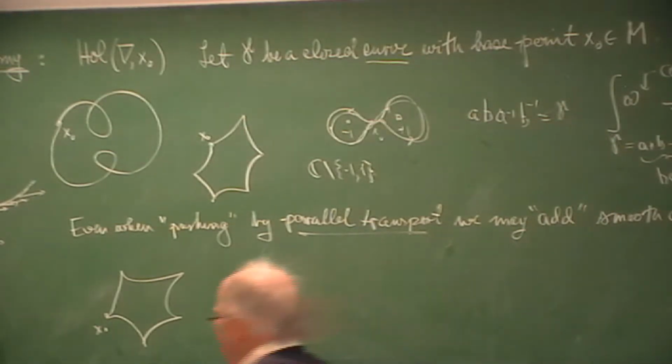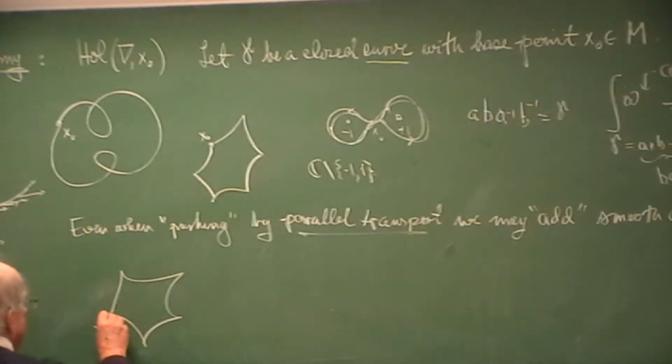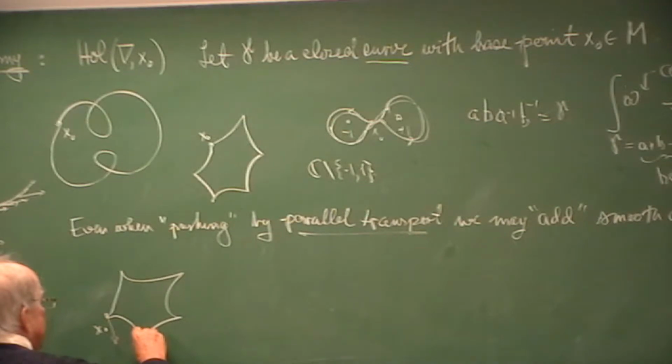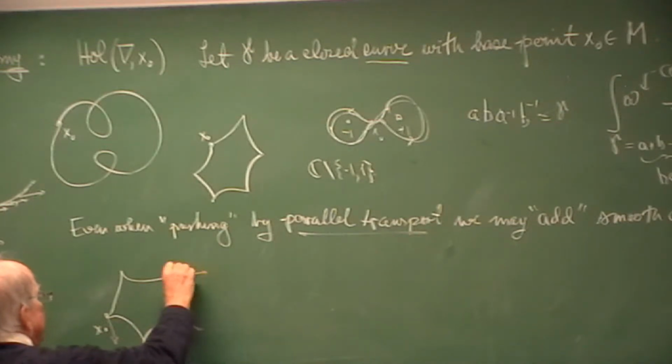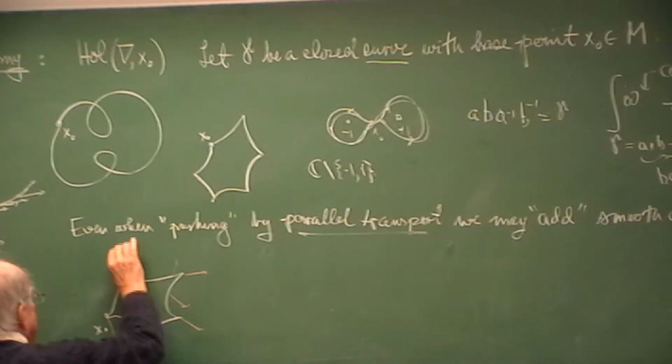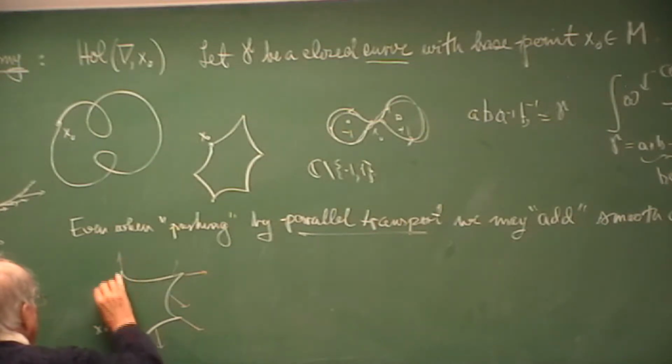Right. So you push something by parallel transport here, and then you push it by parallel transport here, and it goes to here, and you push it, I don't know how it goes, because I don't know what the connection is. And I go back here, and I drew this purposely in some crazy way.